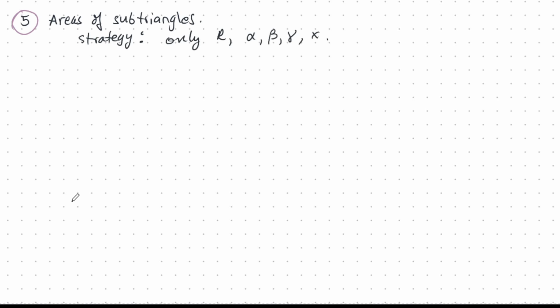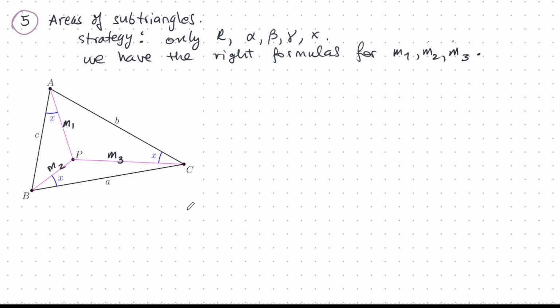We use the same strategy as before, only in terms of big R and the angles. And how are we going to do that? Well, we have the right kind of formulas for M1, M2, and M3 that will allow us to do that. Here are my three subtriangles with my M1, M2, M3. Now let's write down all the things we proved before that we will need for this calculation.